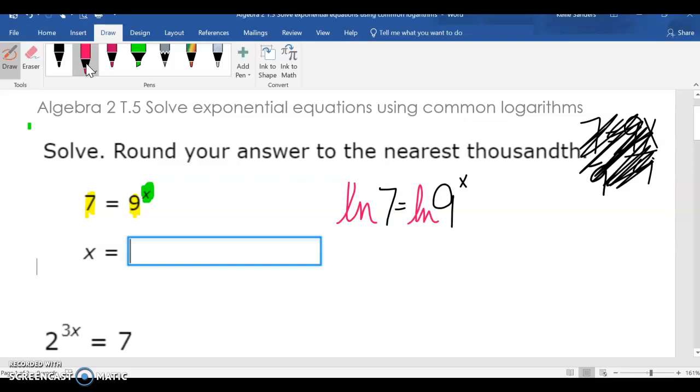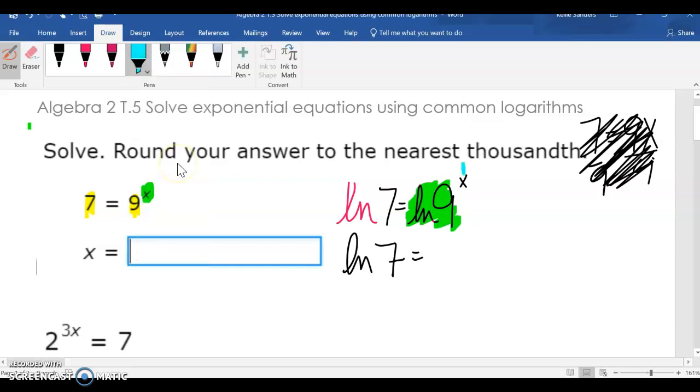Okay, when that happens, you would have natural log 7 equals, and because you have a natural log in front of the 9, the x can be moved to the front.